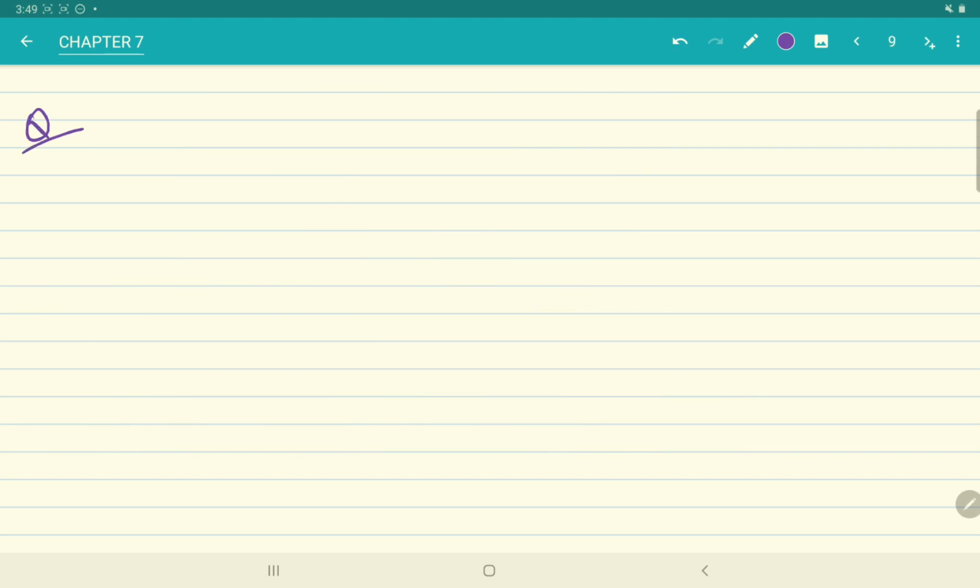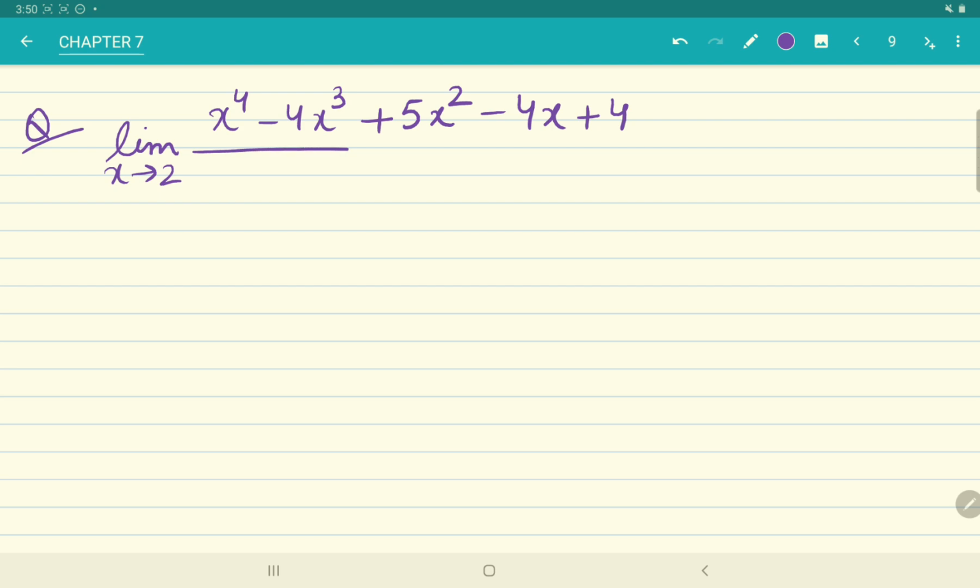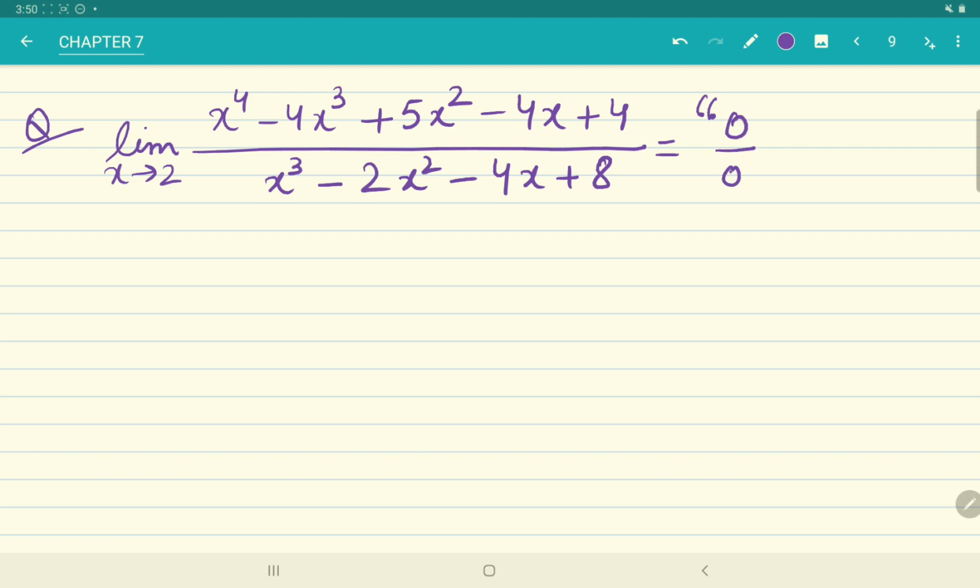So let's take up this question. Limit x tending to 2, x raised to the power 4 minus 4x cubed plus 5x squared minus 4x plus 4, the whole of this divided by x cubed minus 2x squared minus 4x plus 8. Clearly, you can see here that both the numerator and the denominator tend to 0 as x tends to 2. So this is an indeterminate form of type 0 by 0.